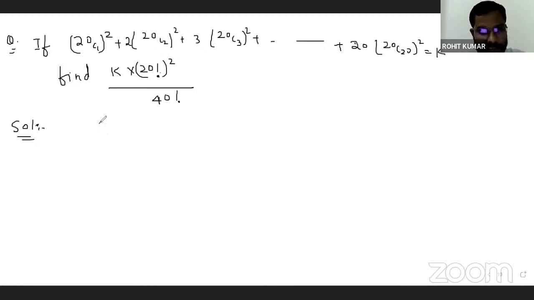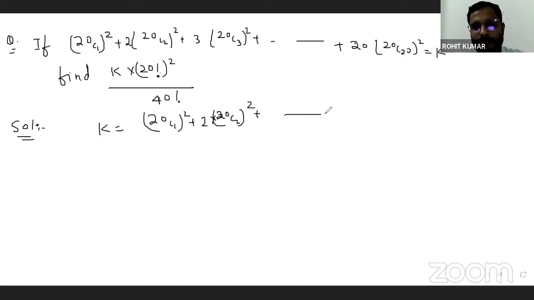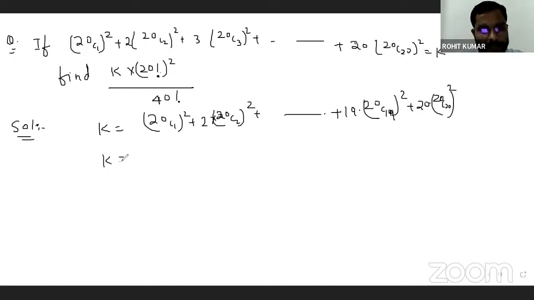How much is K? K is 20C1 square, plus 2 into 20C2 square, and so on, plus 19 into 20C19 square, plus 20 into 20C20 square. Let's write it like this. And I want to write the same thing again, but in a little different manner.